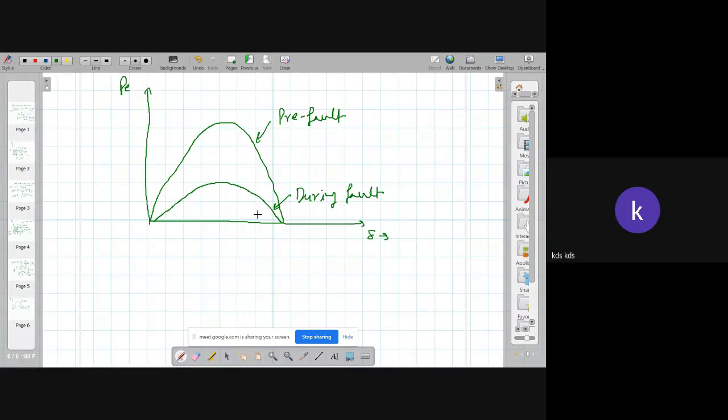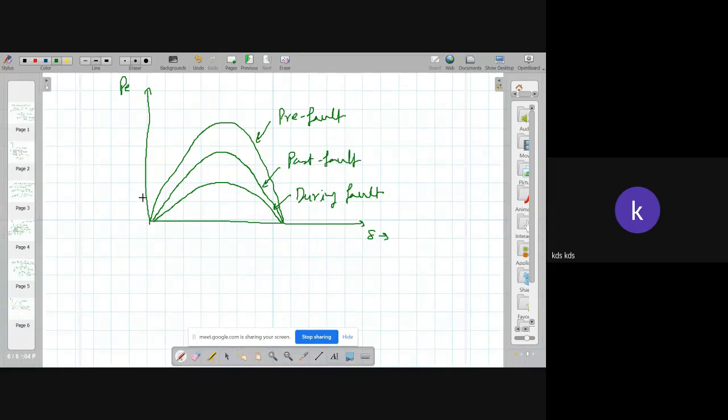That's why auto reclosing circuit breakers increase the stability of the power system. Now this is during fault, and now we have post fault. Post fault is naturally more than during fault, but less than pre fault.